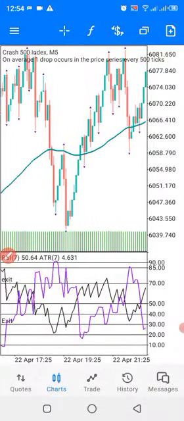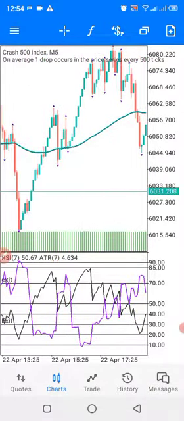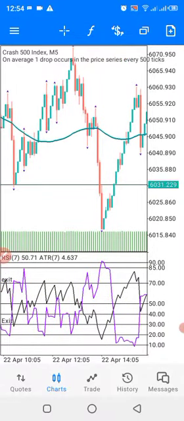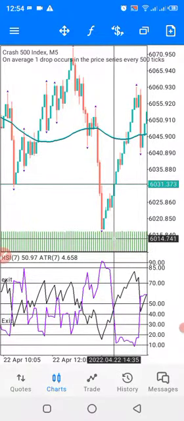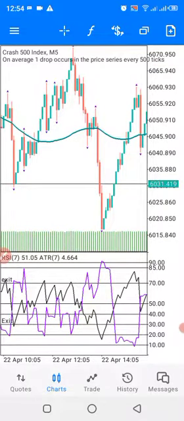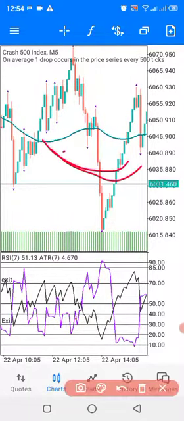Let's go further. But it must be between the 50 and 40 level on this format. Look at this crossing. How many candles? And look at the moving average forming this movement here. As long as it's like this, we are good to go.